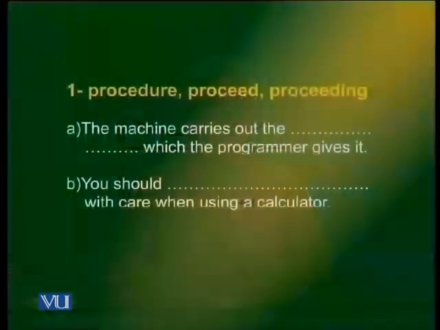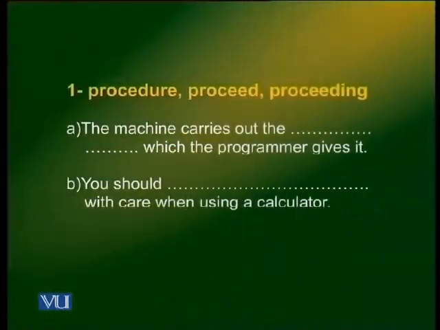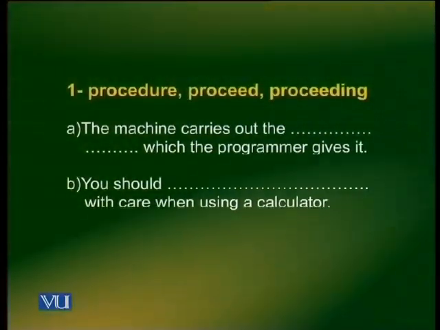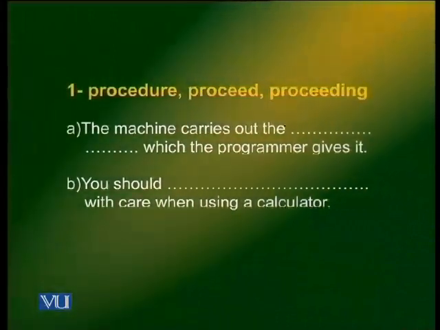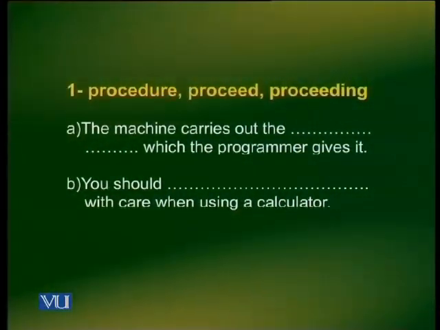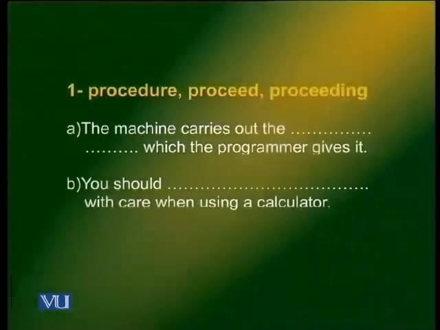And later on, you can check the differences in meaning in your dictionary. The first group of words are procedure, proceed, proceeding. Look at the endings of these words and you will get the clue.